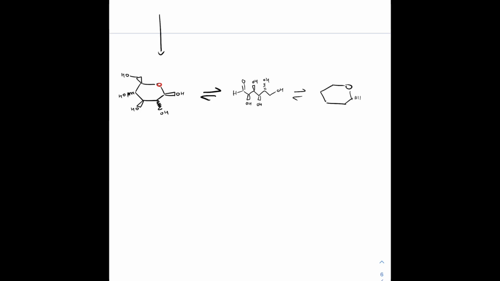We open up that cyclic sugar, and that gives us the linear sugar via a hydrolysis reaction. Then that linear sugar can undergo intramolecular hemiacetal formation again. But again, one of the intermediate steps has a planar sp2 hybridized carbon, and therefore the red oxygen can attack from the top or the bottom.